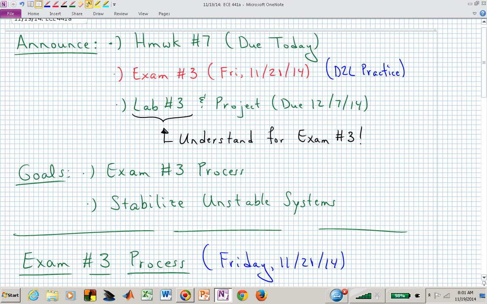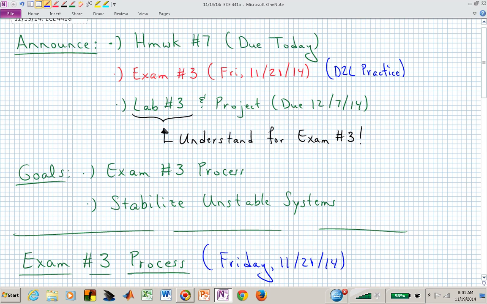The format of exam number 3 is a little different than the first two. There's more problems. They're maybe not quite as long. The number of problems has increased, and it's really so that I can test you on the different rules or the different strategies that you need to know in creating a root locus or designing with a root locus. So our goals for today are to quickly go over the process, and then we'll start playing this game of stabilizing unstable systems.